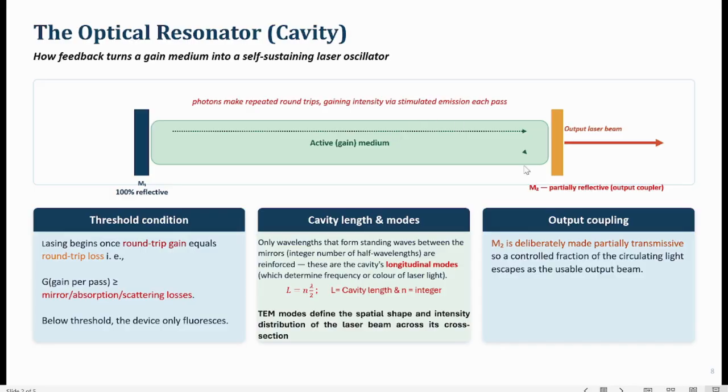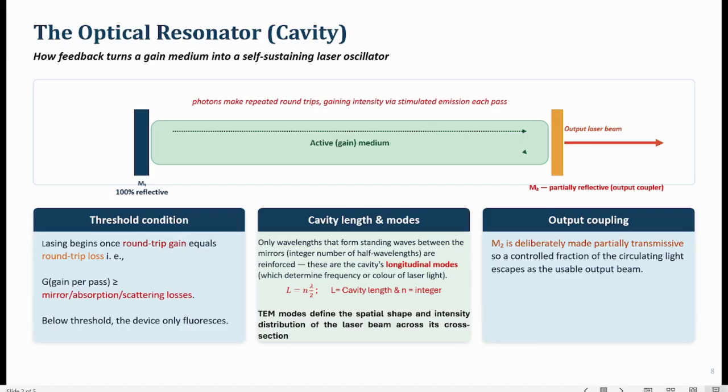Now this mirror M2, which is also working as an output coupler, establishes the condition that sustained population inversion is maintained and a controlled fraction of the circulating light escapes out through this mirror as a beam of laser.